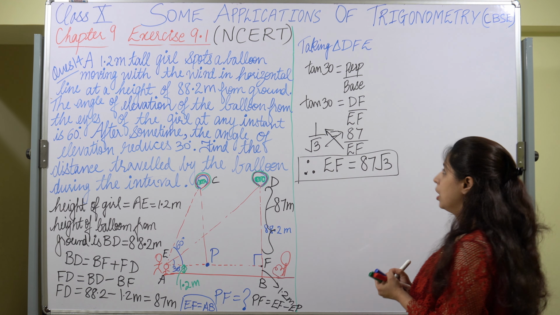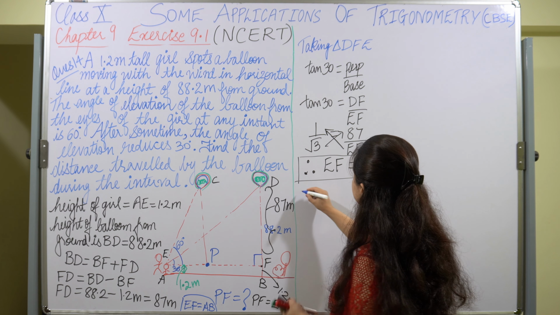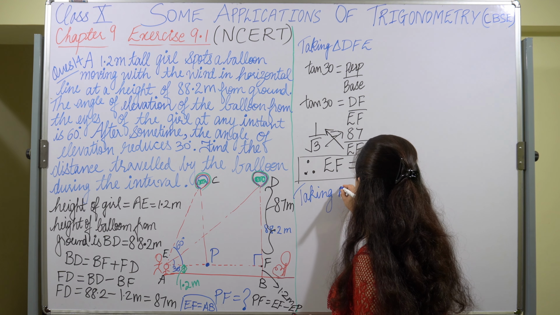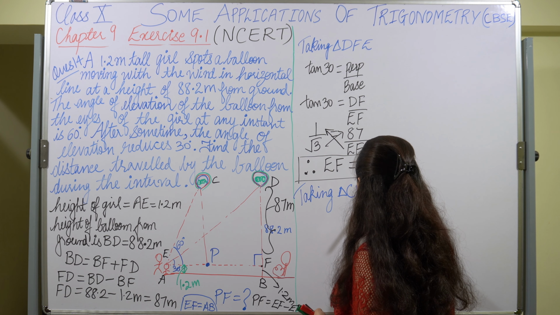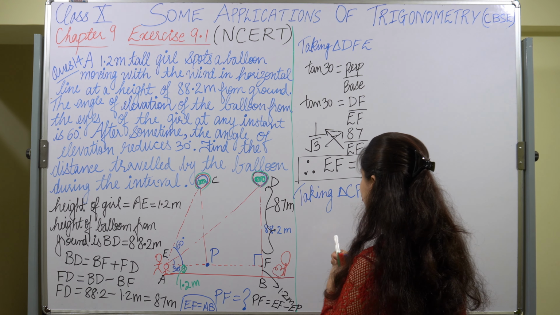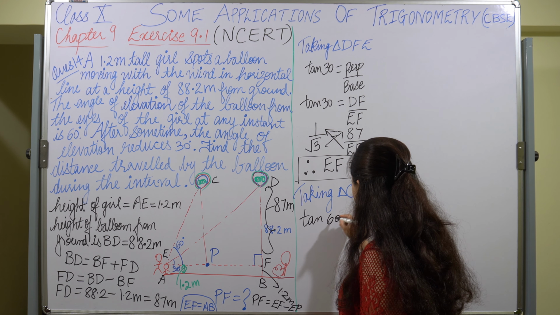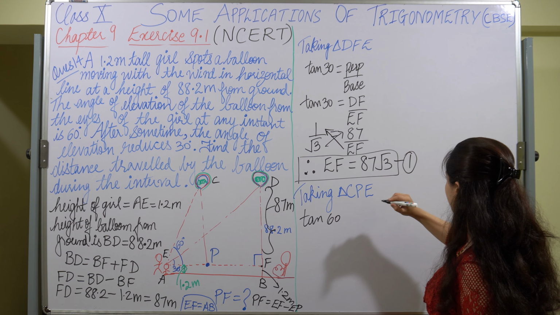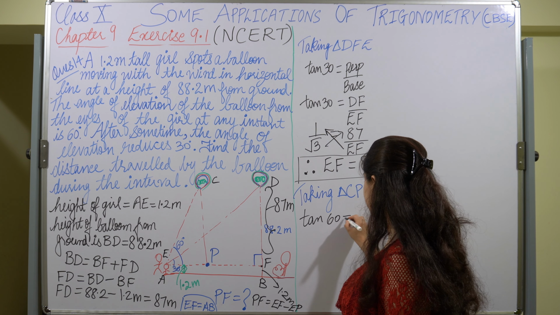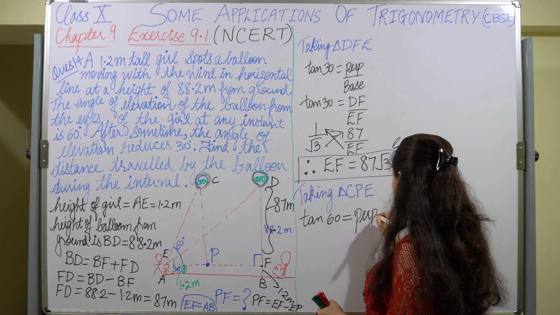Okay. So now taking the triangle CPE. When I am taking the triangle, again I will be using tan 60. Let us mark it to be equation number 1. So tan 60 will be equal to perpendicular upon base.